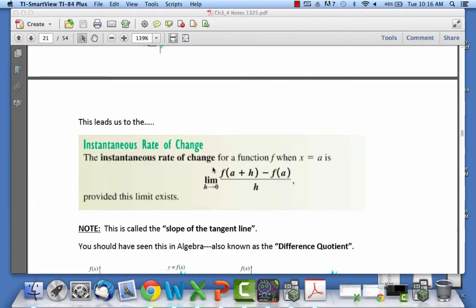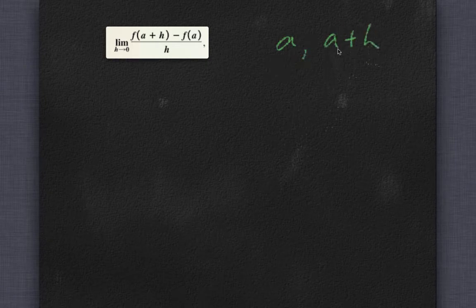So the instantaneous rate of change is what happens when you take these secant line slopes, and let me come over here and just note something real quick. We have A and some other point.